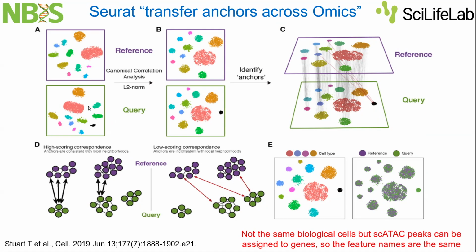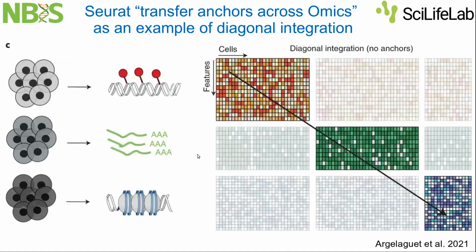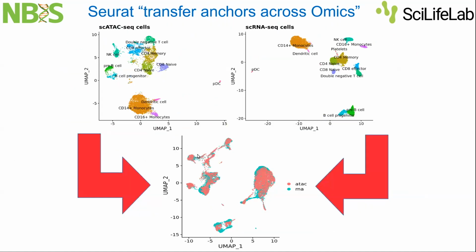Otherwise, it was quite successful for that time. It was one of the first attempts that I saw to integrate RNA-seq with ATAC-seq, and there was good, visually appealing correspondence between ATAC-seq cells and RNA-seq cells. Remember, those were different biological cells, but they overlapped nicely. So it was clearly a very interesting method.